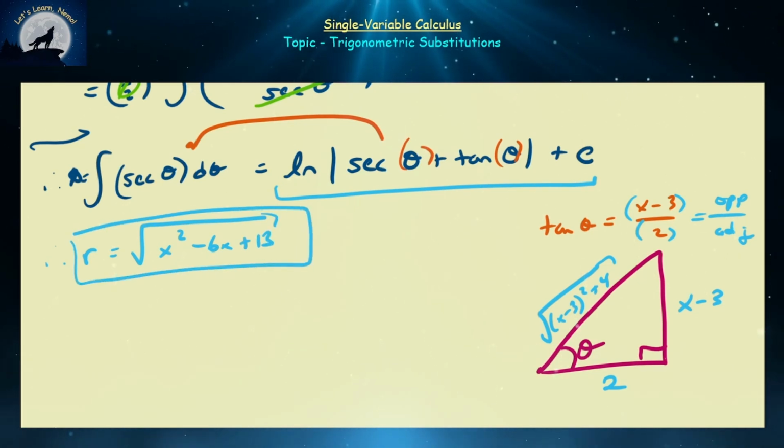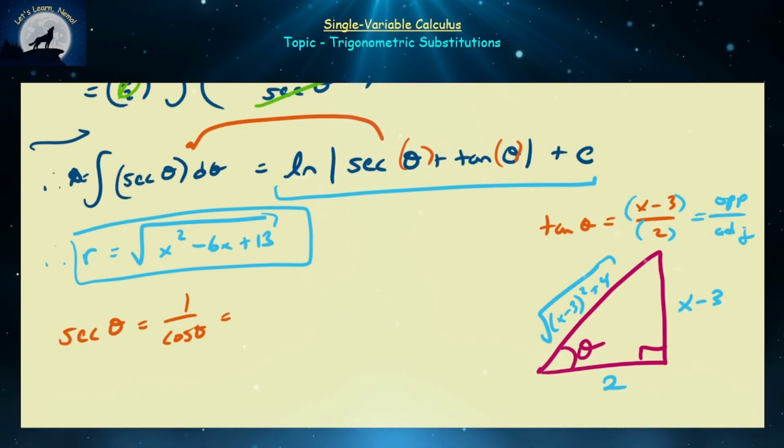So if that's the case, what is the secant of theta? Secant of theta, keep in mind, is 1 divided by cosine, and cosine is equal to adjacent over hypotenuse, so this is going to be hypotenuse over adjacent. And tangent of theta, again, is opposite over adjacent, which we already have. That's just x minus 3 over 2.